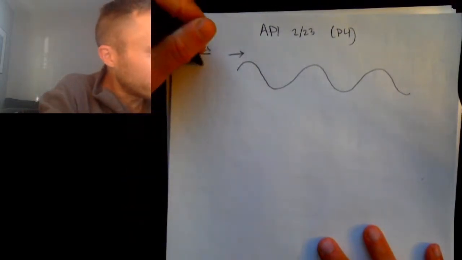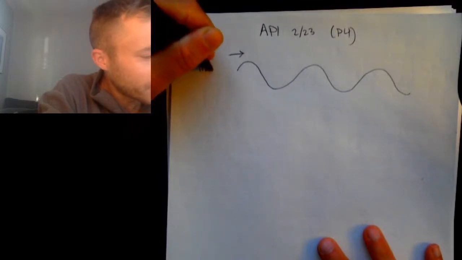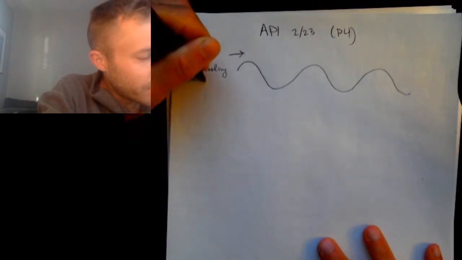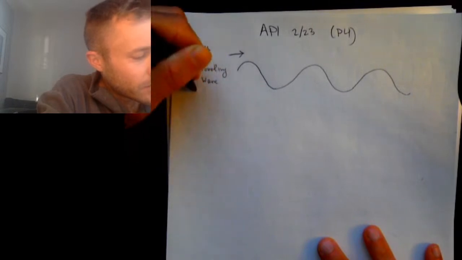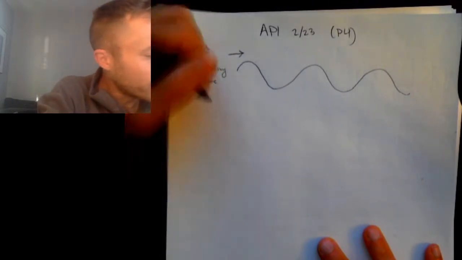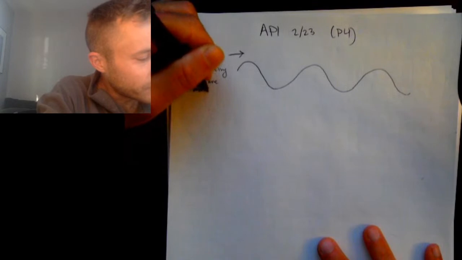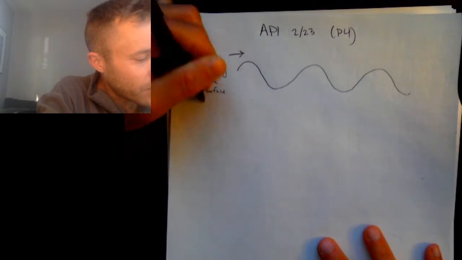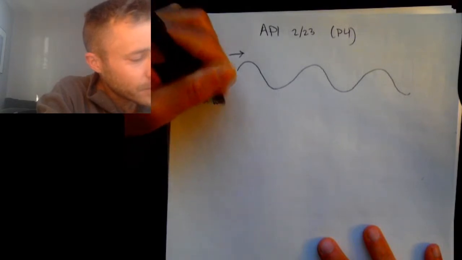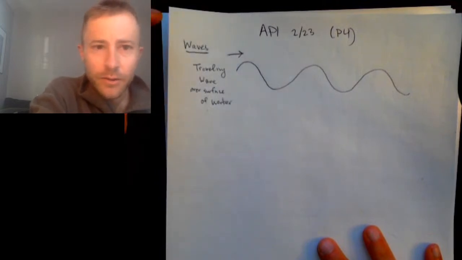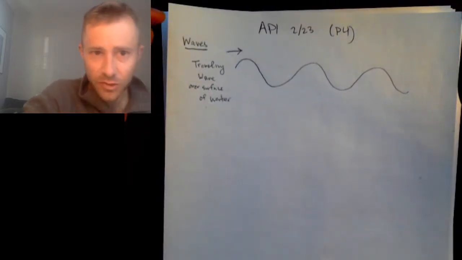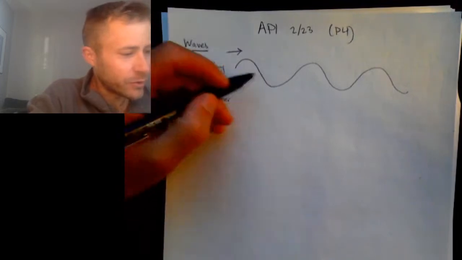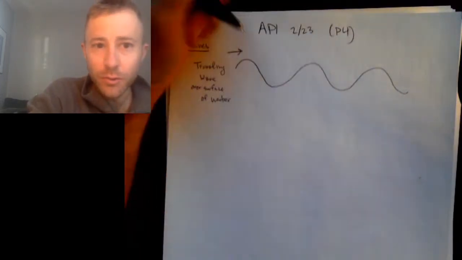So this is a traveling wave over the surface of water, okay? And so this is just a picture of it, and you are swimming in the ocean.